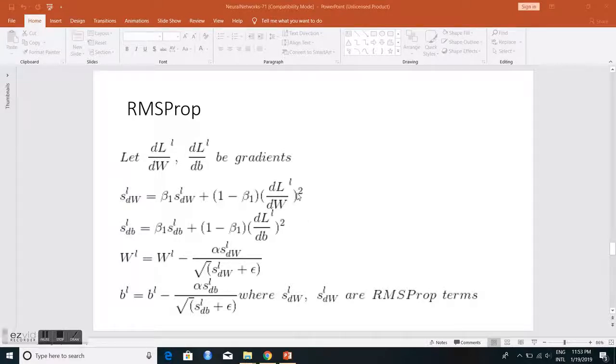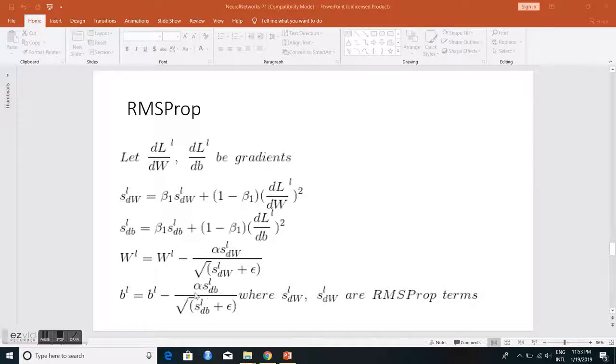We define the moving average as S_dW is equal to some weighting factor beta_1 S_dW plus 1 minus beta_1 times the square of the gradient, dL/dW the whole square, and S_db is equal to beta_1 S_db plus 1 minus beta_1 dL/db the whole square. When we are actually doing the gradient descent, we do W_l is equal to W_l minus alpha, the learning rate, times dL/dW divided by the square root of S_dW plus epsilon.